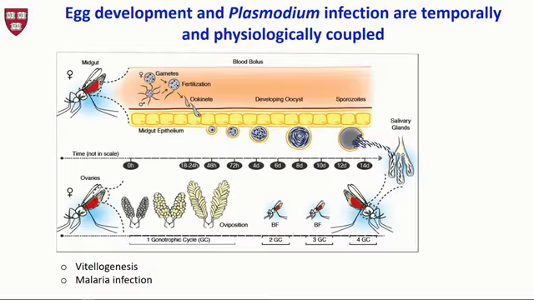And this would normally take about 7 to 14 days to develop into sporozoites, which would then migrate through the hemolymph to get to the salivary glands, and they are ready for transmission to the next mammalian host during the next blood meal.